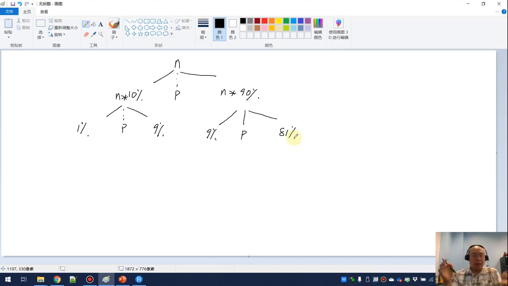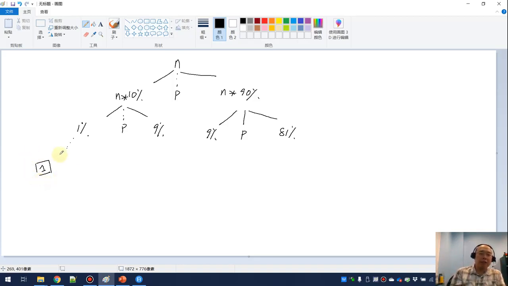you will see in this tree structure that on the left side, eventually the problem size will be 1. And this will happen very quickly, because every time there will be only 10% of the values, another 10% of the values, another 10%, and eventually the problem size will be 1, which is the base case, nothing to be sorted.